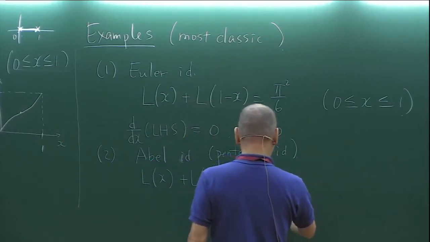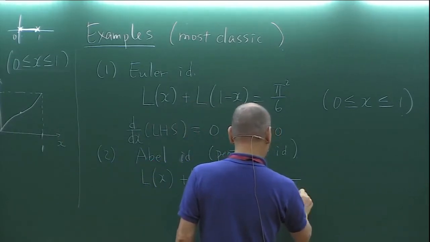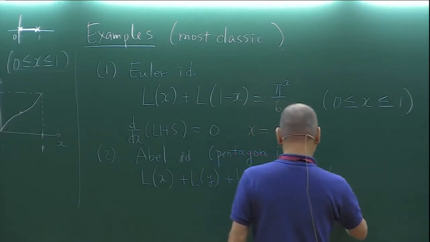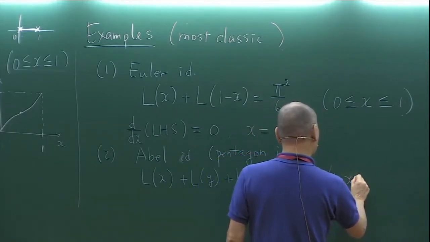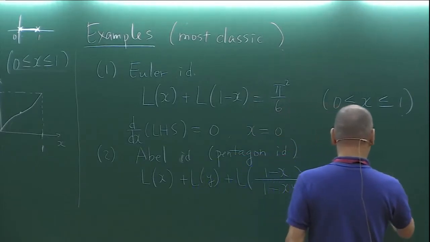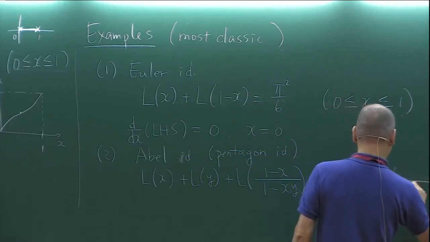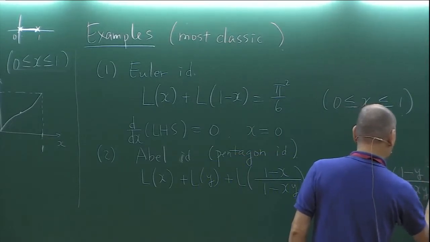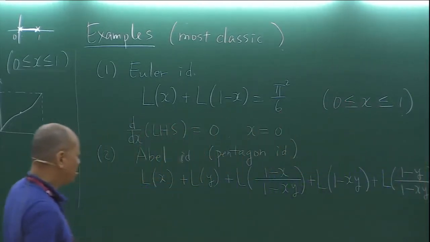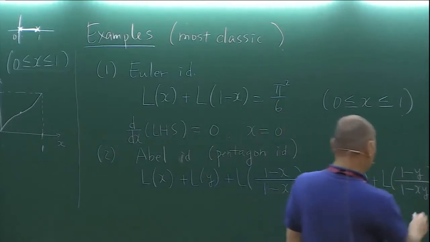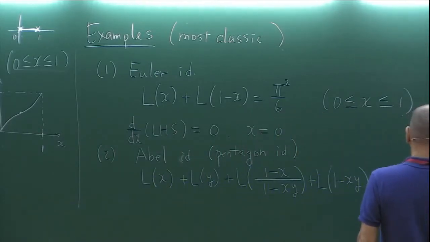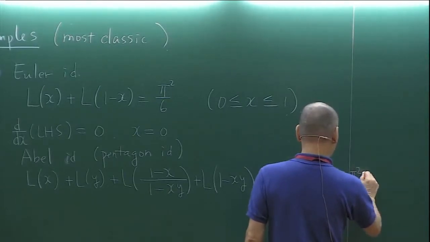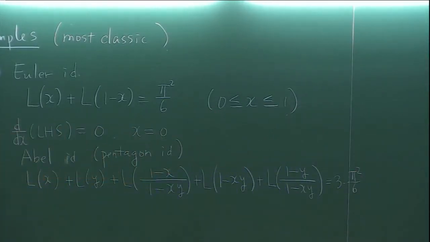So we have 1 minus x of y. There are 5 terms. And the summation is a constant, and its constant term is 3 times pi squared over 6.